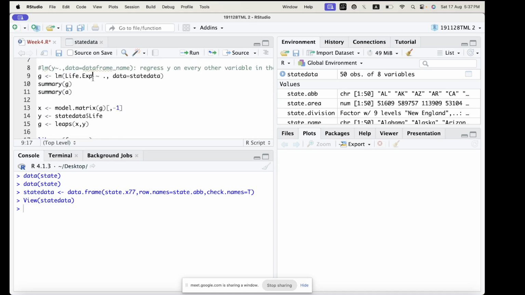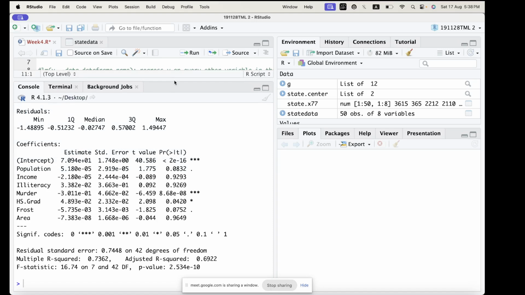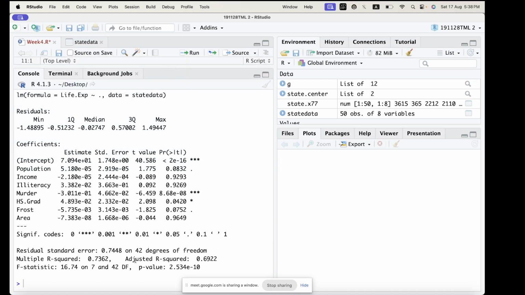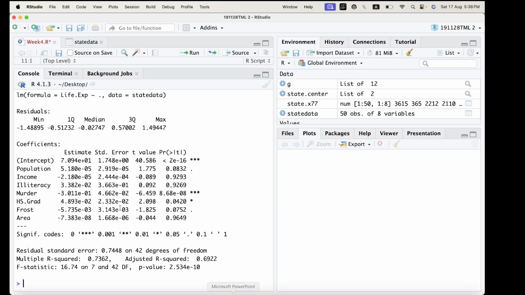Okay, that is what we are doing over here. Now if we do that, we'll get this full model. So this one actually is your full model, where these are your beta estimates. Beta naught, intercept, beta 1, beta 2, beta 3, beta 4, beta 5, beta 6, beta 7. All right, so just a minute, I'll just copy this here so that you know it.